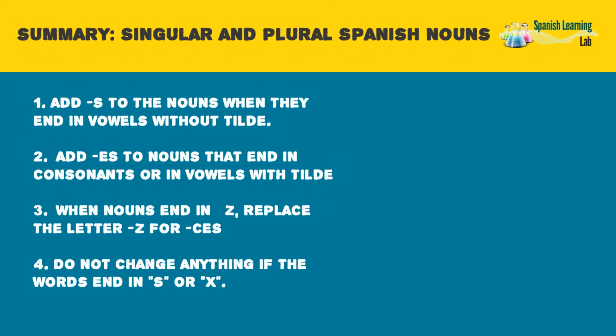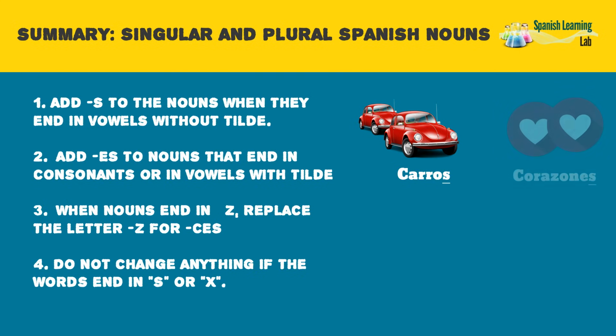Well, before we go, here is a summary of the rules we have discussed in the video. Number 1. Add S to the nouns when they end in vowels without tilde. For example, carro, carros. Amiga, amigas. Number 2. Add ES to nouns that end in consonants or in vowels with tilde.